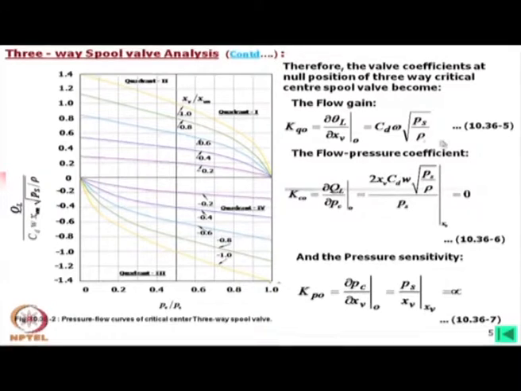What we find is that at null positions, looking into this curve, this will be 0, whereas the pressure sensitivity, which is actually this divided by this, will become infinity, because this will have some value, whereas this will become 0. Which means pressure sensitivity at the null position is infinity, means highly sensitive at the null position.